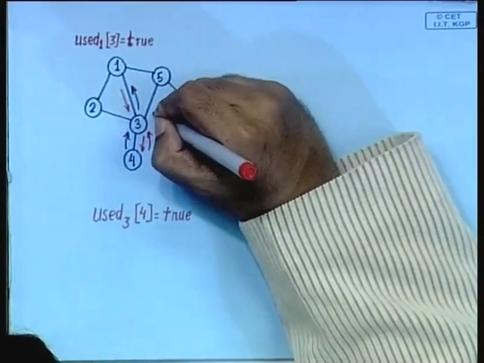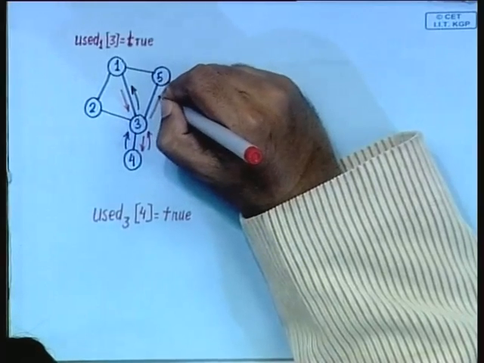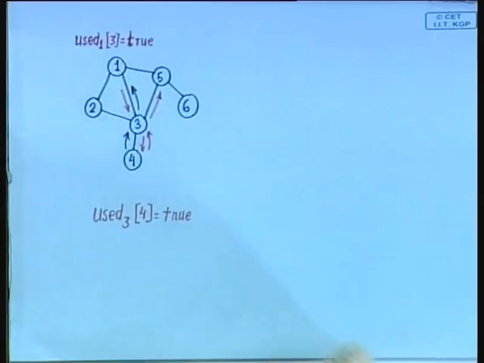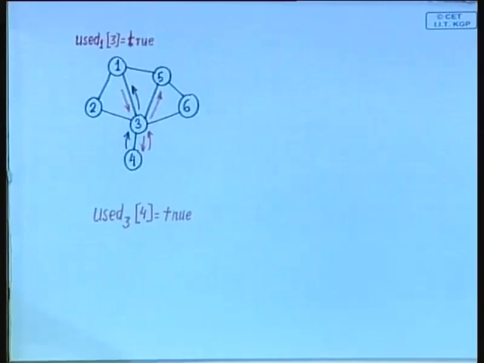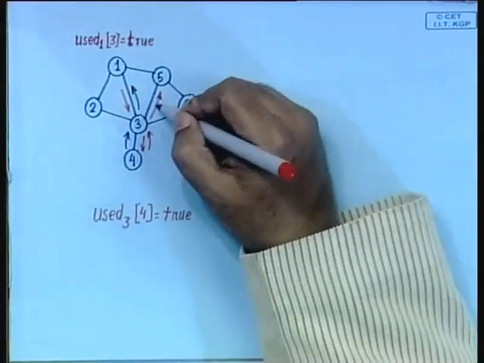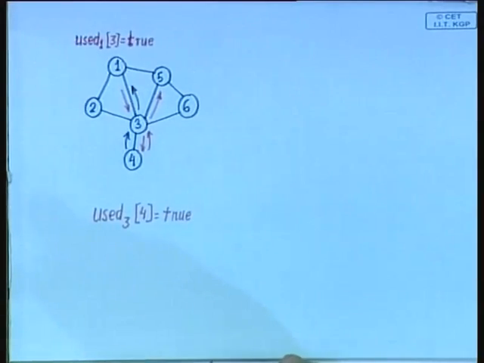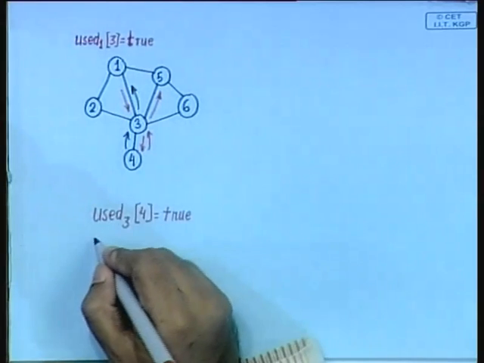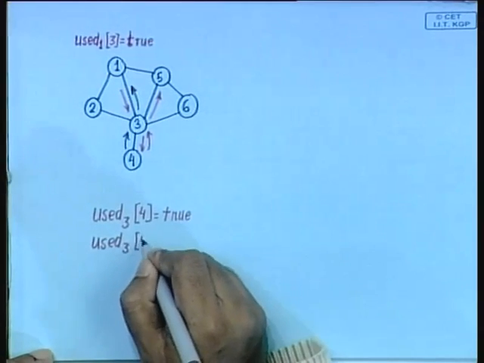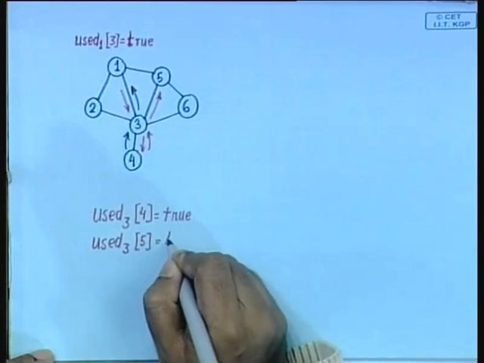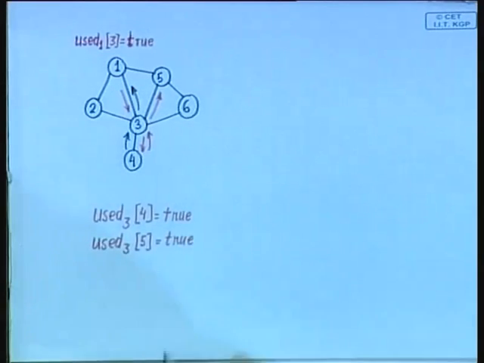So, suppose it sends it to 5. Okay. Let me just make it a little bit more interesting by putting an edge between 3 and 6. Okay. So, it has sent it to 5, and so used 3 5 is set to true, right.